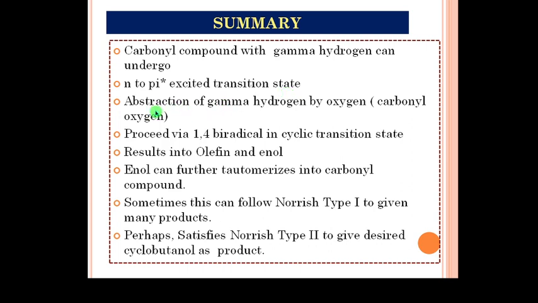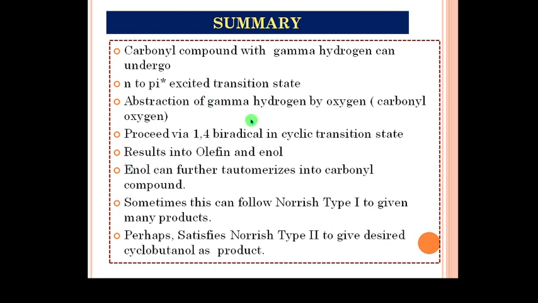And this particular abstraction of the gamma hydrogen takes place only when this carbonyl oxygen is as close as possible to your gamma hydrogen. Then only this reaction occurs. Otherwise, that reaction proceeds to a different track like your Norrish type 1 also.